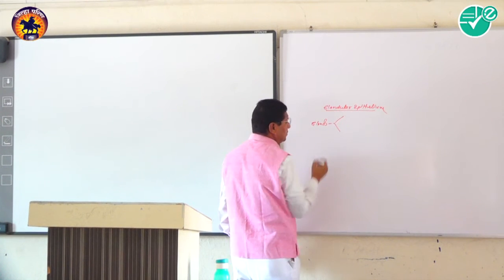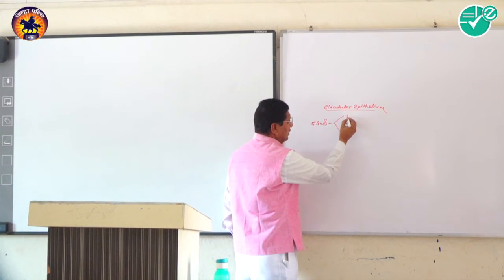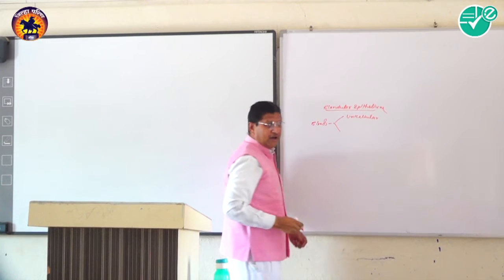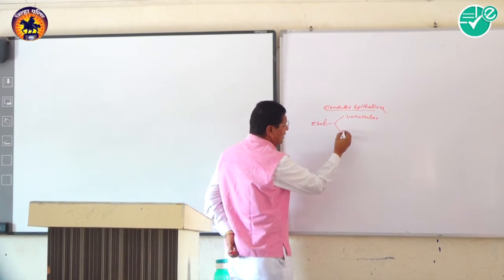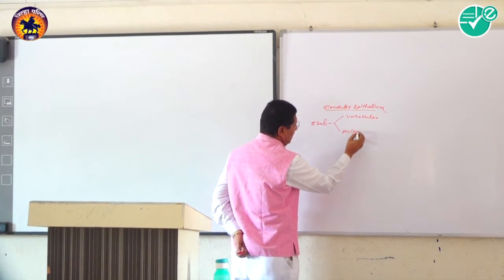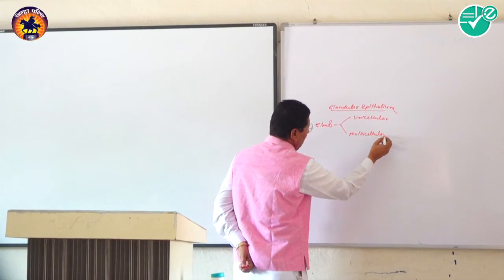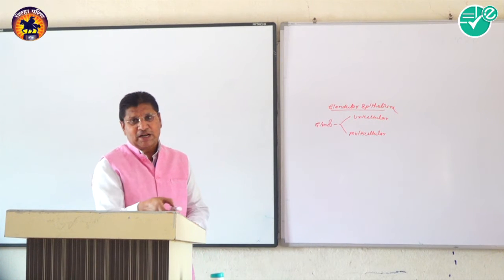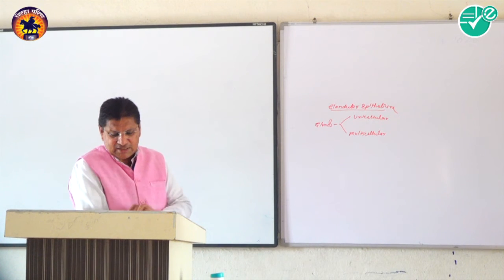into two. The first is the unicellular gland, and the second one is the multicellular gland. This means that the unicellular glands are made up of only one cell.